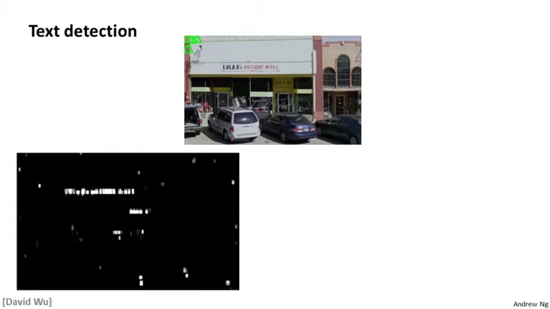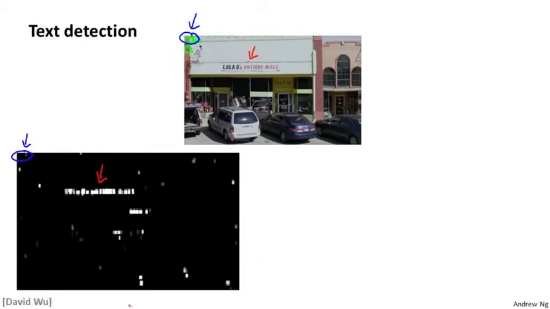And so the axes of these two figures are the same. So a region up here corresponds to a region up here. The fact that this is black up here represents that the classifier does not think it's found any text up there. Whereas the fact that there's a lot of white stuff here reflects that the classifier thinks it's found a bunch of text over there on the image.